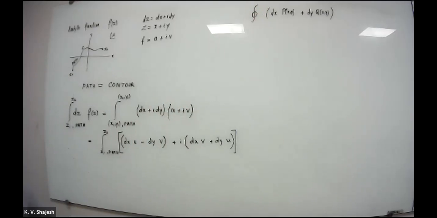Okay, so that means I go from z1 to z2 along one path and come back along another path, and I want to see what it is, and I'm going to show that under some conditions, this is actually equal to 0. Okay, under what conditions is it 0?